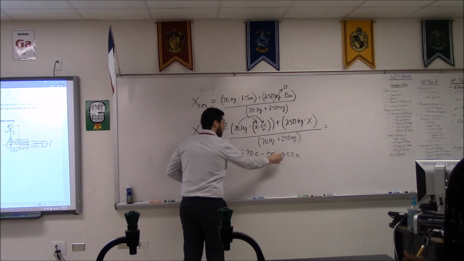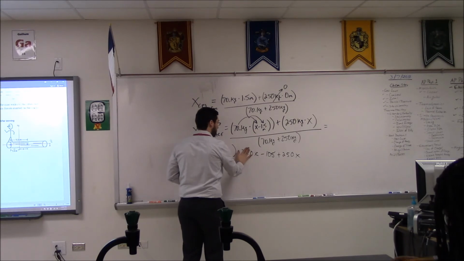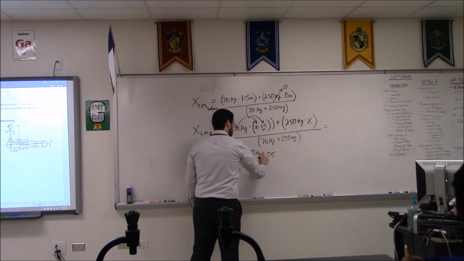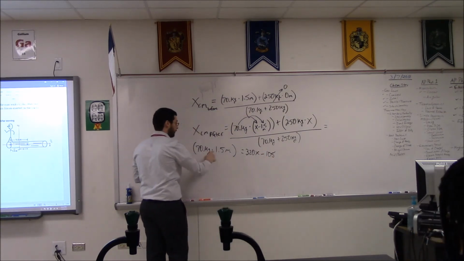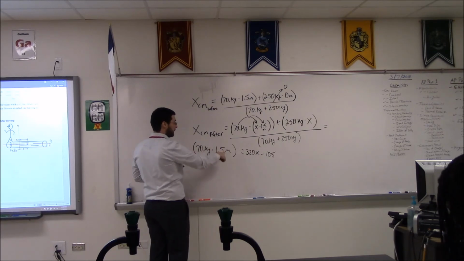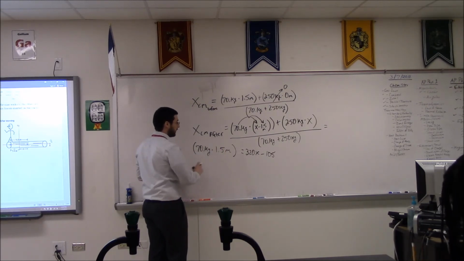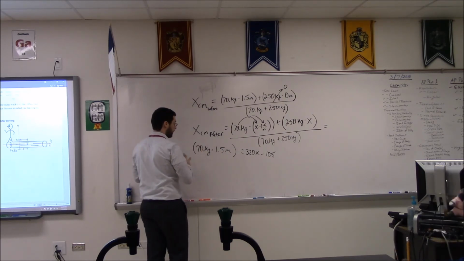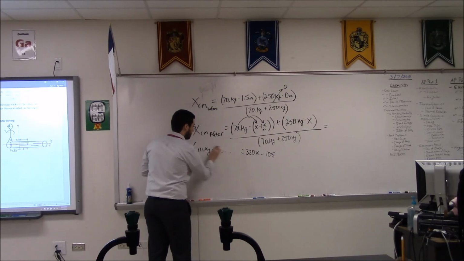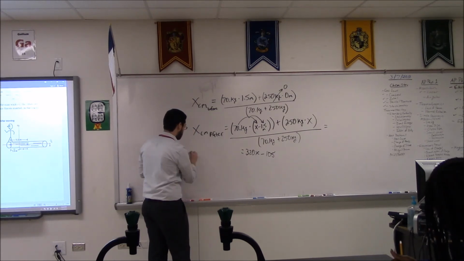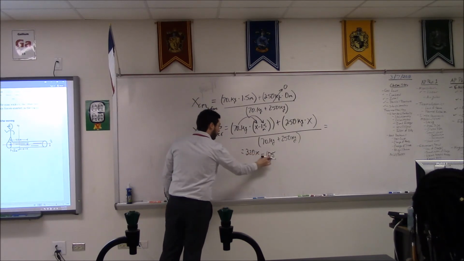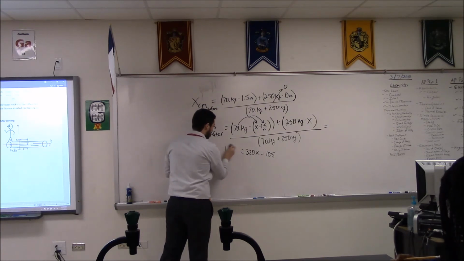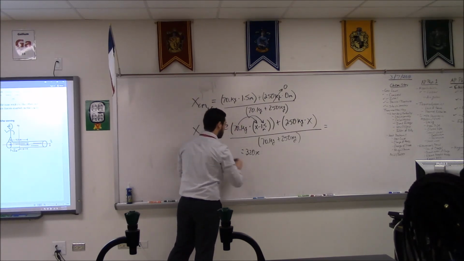Okay, so now let's see, 250x plus 70x is 320x, minus 105, and then over here, this 70 times 1.5, that's also 105, right? I mean, it has to be. So that's 105 on this side. So you're going to end up adding 105 to both sides. You end up with 210.